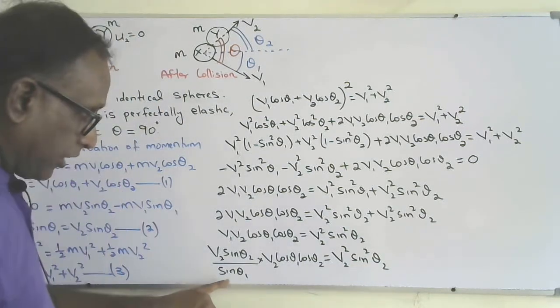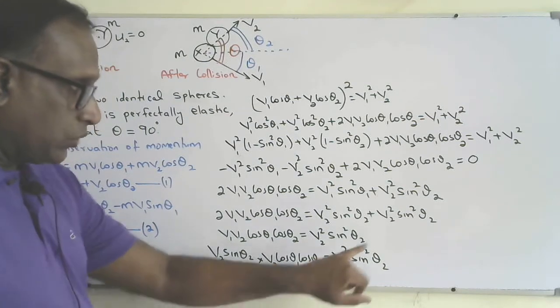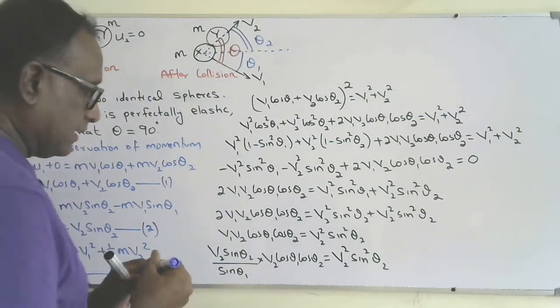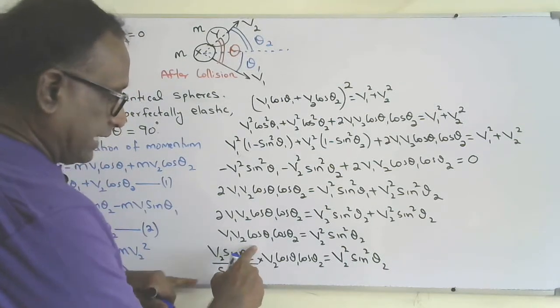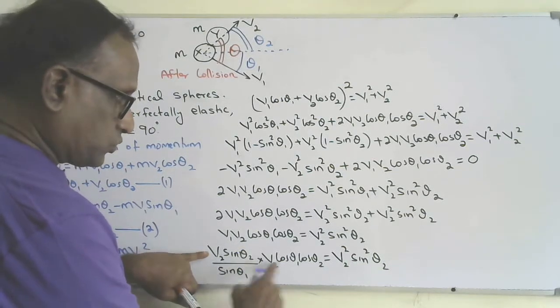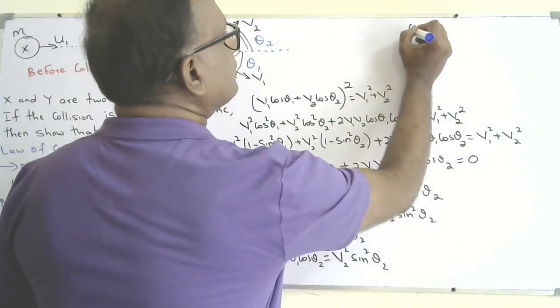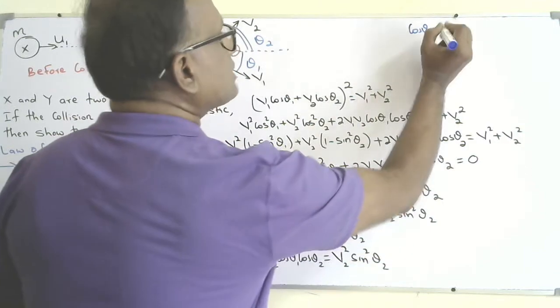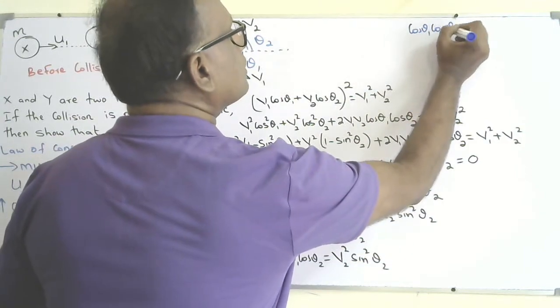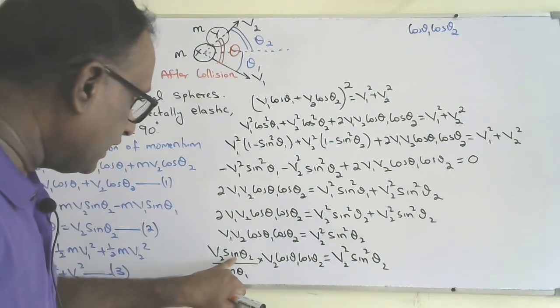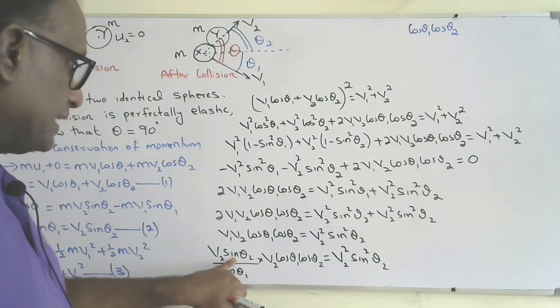Then what I'm going to do, I'm going to cross multiply sine theta 1. So you will get an equation here like this. Sine theta 2 got cancelled. V2, V2, V squared, that also got cancelled. So cos theta 1, cos theta 2, because this sine theta got cancelled, I divide the whole equation by sine theta 2.